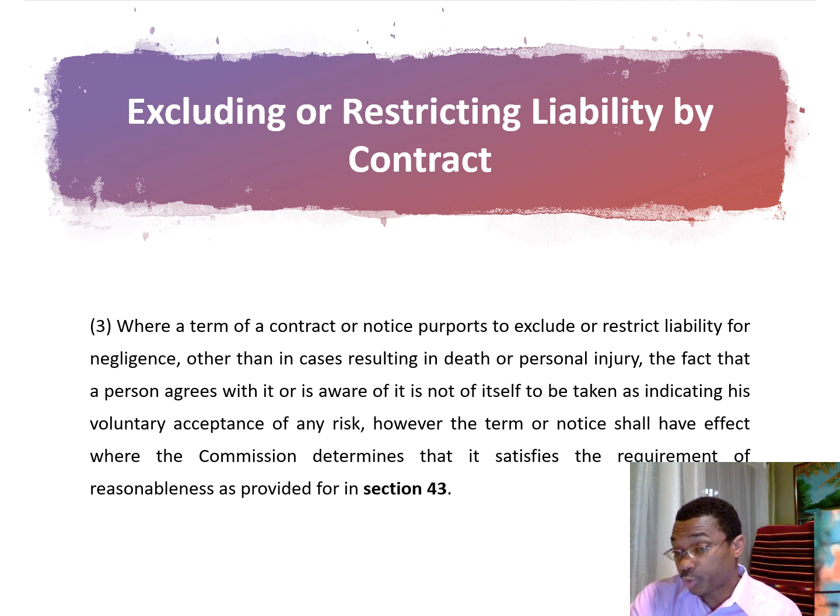So if you go to Jam West to ride the ATV, and you fall off and are injured, then the question is going to be, was it reasonable to exclude or to limit the liability in these circumstances?